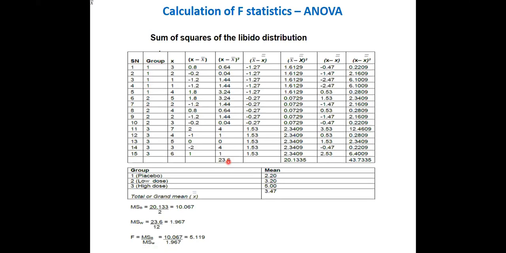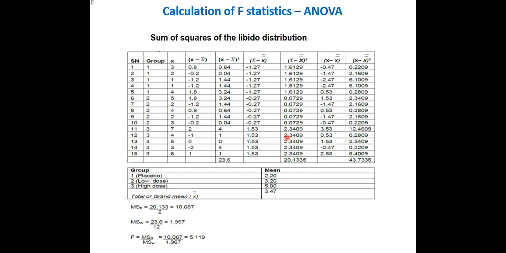That is the deviation of each value from the group mean, the difference between the mean of each group and the values in that group. That is variation within, while the other one is variation between. That is your systematic variation, the difference between these 3 groups.